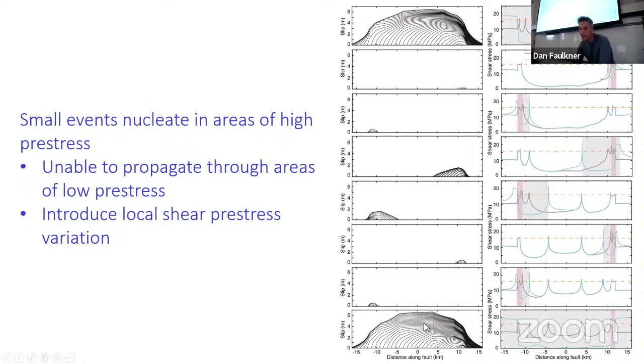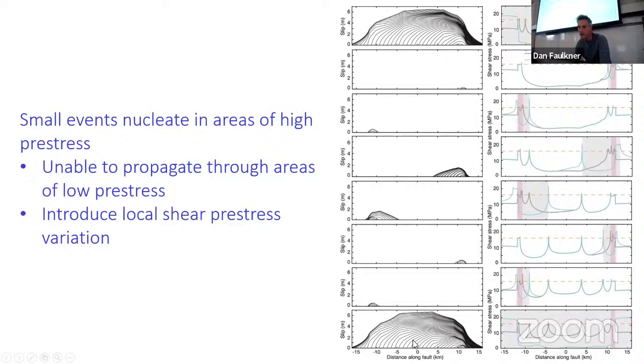But it just so happens that the next event that occurs on this fault is big enough that it can run through this low stress region. In fact, sorry, it starts over here. So it's big enough that it can run through this low stress region. As it gets bigger, there is more of that dynamic weakening, that thermal pressurization, which increases the stress concentration at the rupture tip, and it allows it to plow through ever lower values of shear stress that pre-exist on the fault.